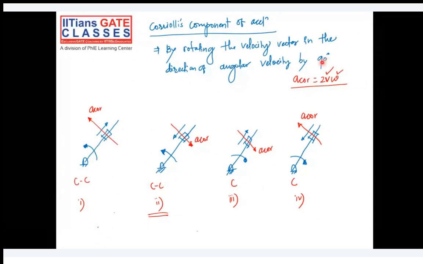So this is your velocity vector here. And what is the direction of angular velocity? It's counterclockwise. So rotate this velocity vector in the counterclockwise direction. That's why this arrow is in the downward direction. Are you following?